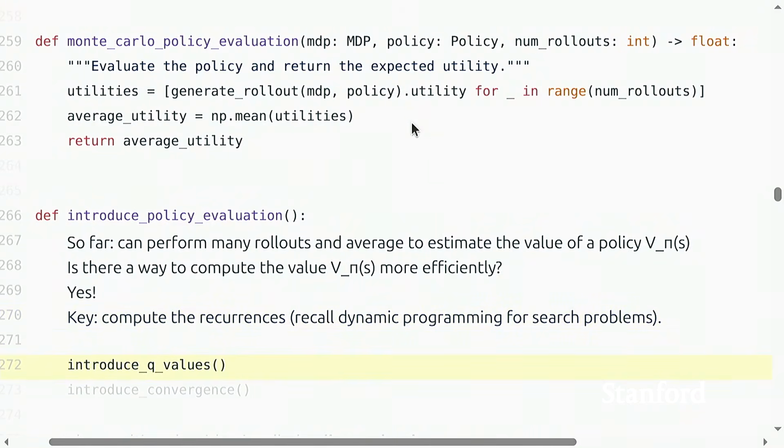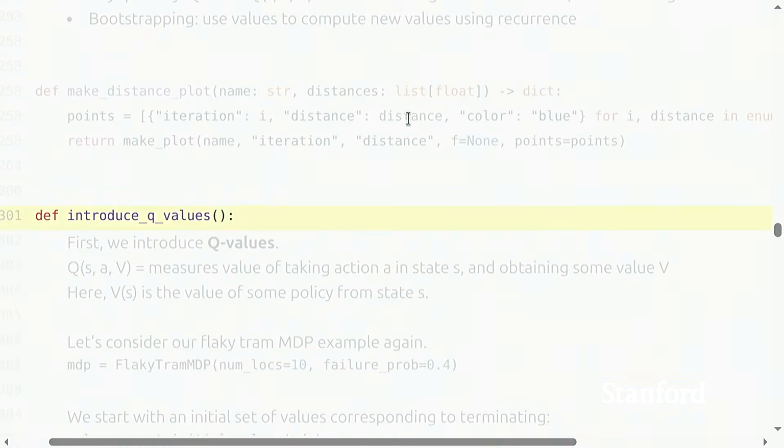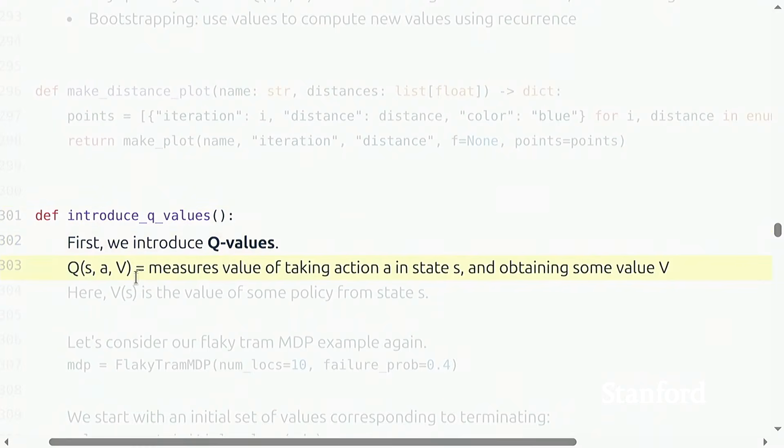So first, I'm going to introduce the idea of Q value. What is a Q value? A Q value takes 3 arguments: a state, an action, and a value function. This is a little bit non-standard, but hopefully it'll become clear why I do this. This is the value of taking action A in state S, and then obtaining value V based on whatever state I end up in.